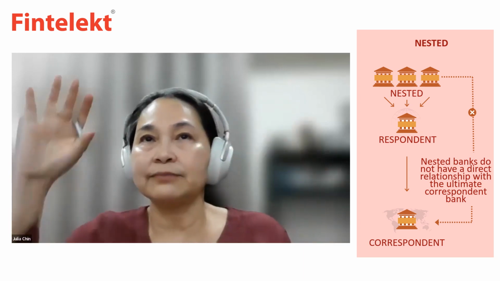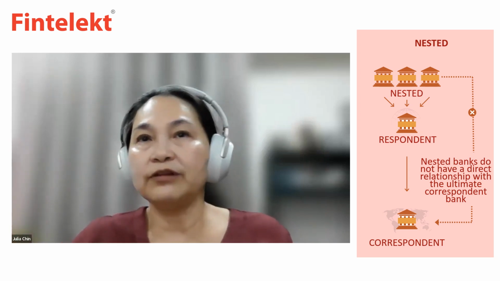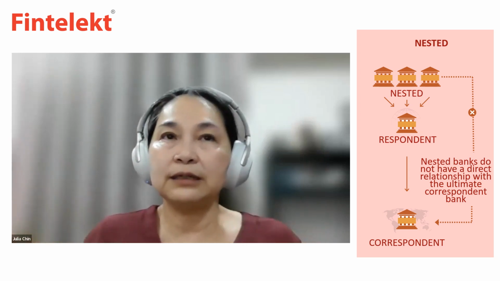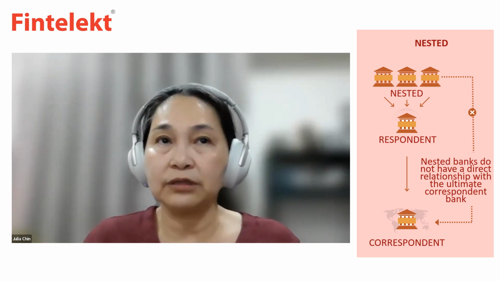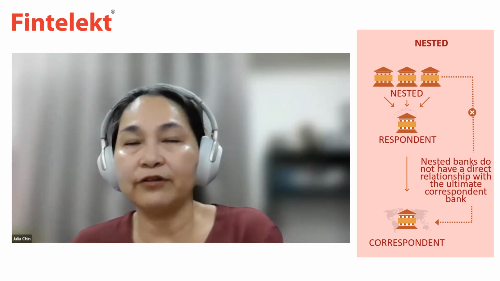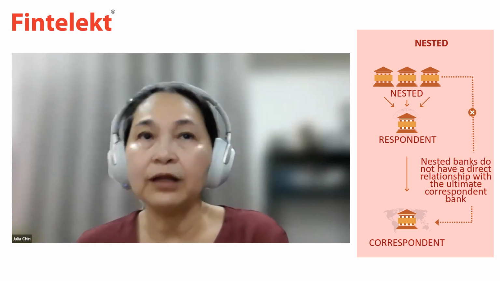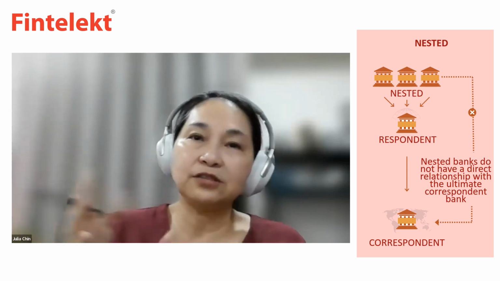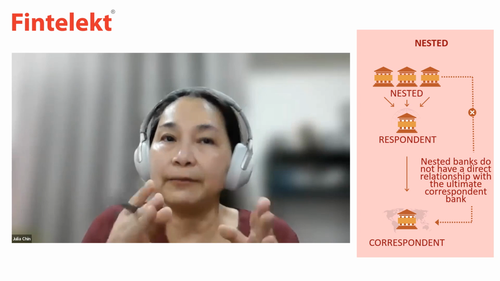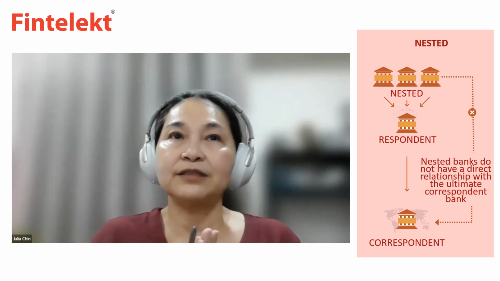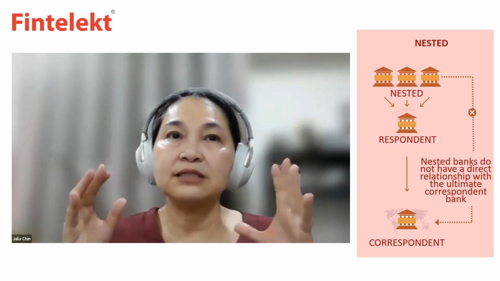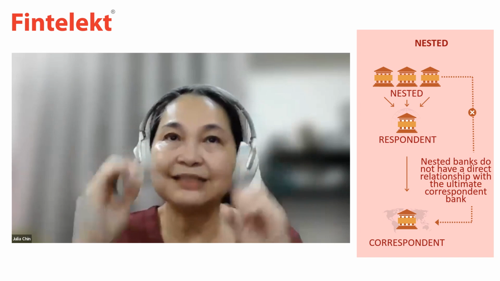Say, for example, one bank in one of the provinces in the Philippines that does not have access to US dollar clearing, nor a relationship with a correspondent bank. So they will have a relationship with this main local bank in Manila to access the US dollar, right? And this is where the nesting happens.